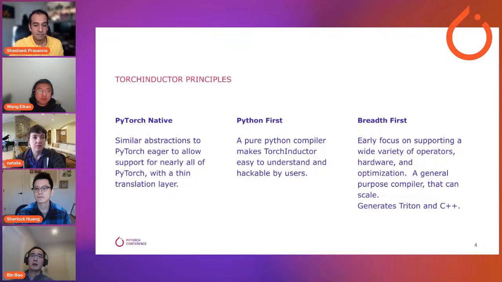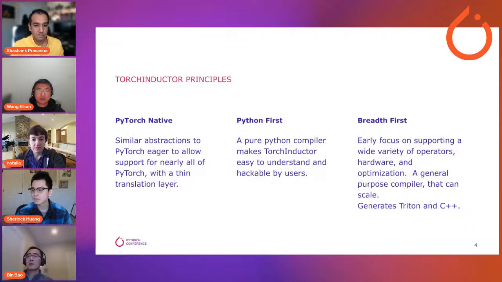People can have a very good user experience from Eager. And we also designed and implemented the TorchInductor in Python, so it's a Python first principle. In reality, we feel it can boost our productivity, and we also hope it's more friendly for our OSS community to play with and contribute to the code base.